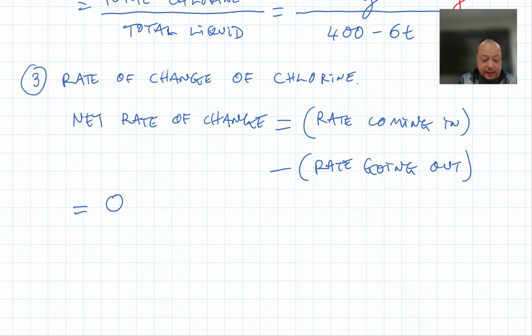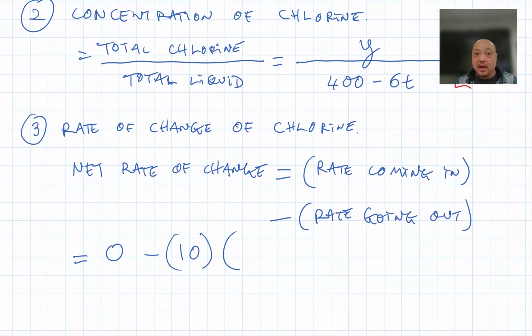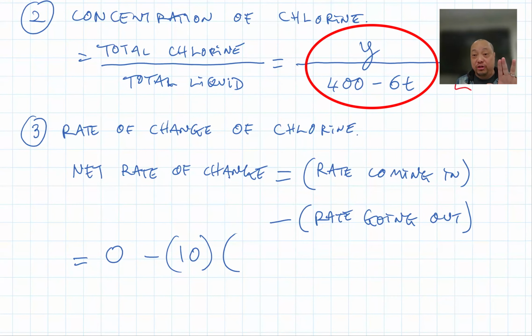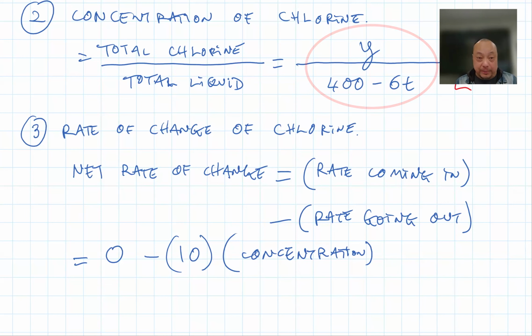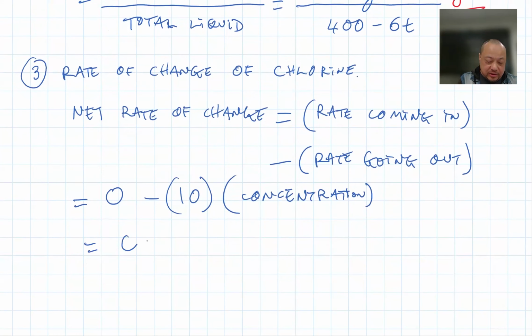And the rate going out is 10 liters per second. But it's not all chlorine, right? Only some of it is chlorine. And how much of it is chlorine? This much of it, that concentration of chlorine times the flow. And we have the concentration from step 2. So this is 0 minus 10 times Y over 400 minus 6t.